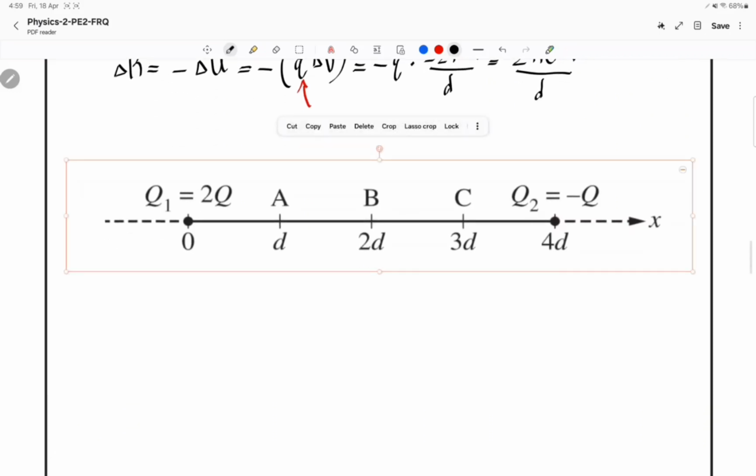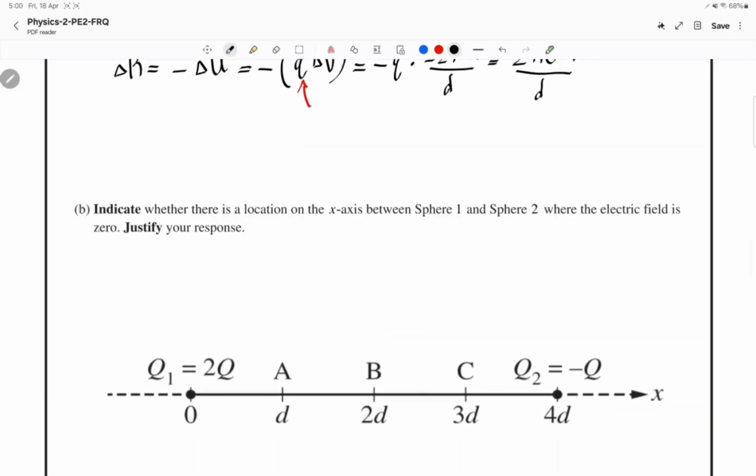Okay, let's see what's next. Indicate whether there is a location on the x-axis between spheres 1 and sphere 2 where the electric field is 0. So look, the Q1 is positive, and the field will leave the positive charge and go to the negative one. And the negative charge will be receiving an electric field.